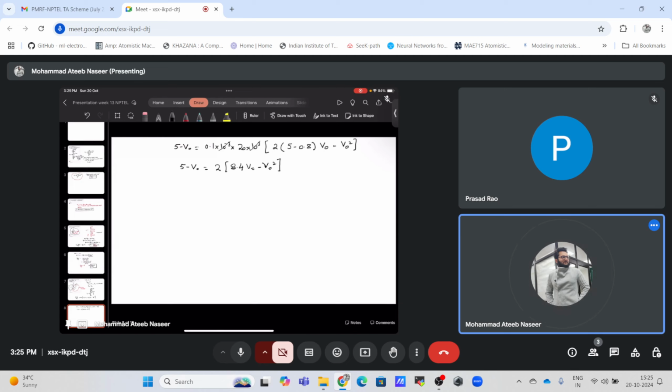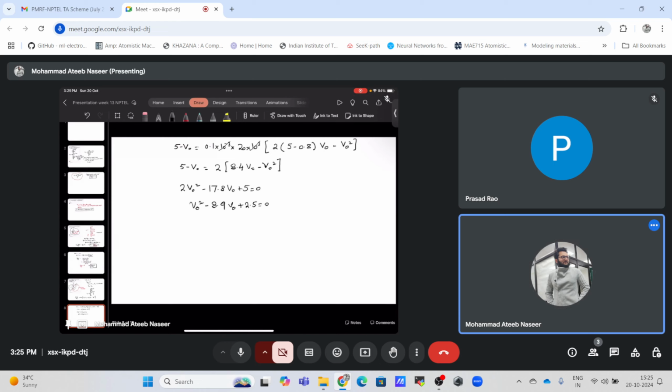So it is simply 2 times V0 square minus 17.8 V0 plus 5 is equal to 0, or simply V0 square minus 8.9 V0 plus 2.5 is equal to 0.